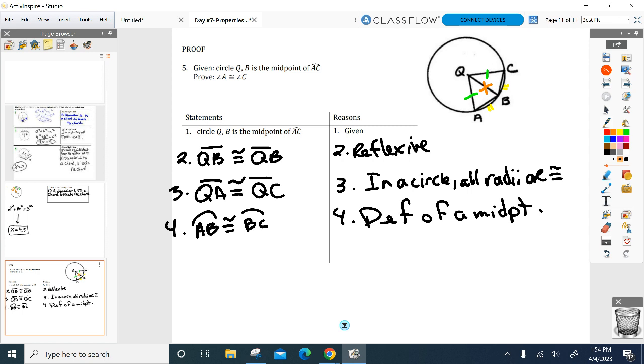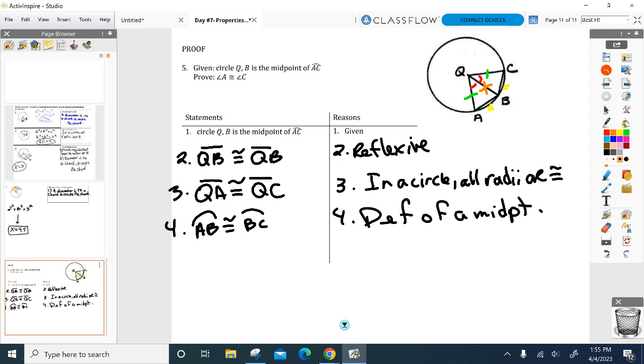Arcs are congruent, facts we went over today. If I know the arcs are congruent, that makes what congruent? The angles. Which angles? Angle AQB, and what type of angles are they? Central. Okay, so I'll go that way. So you could say because the arcs are congruent, the central angles are equal.